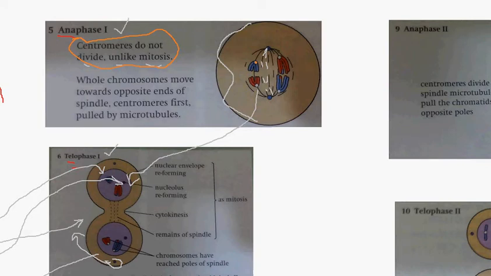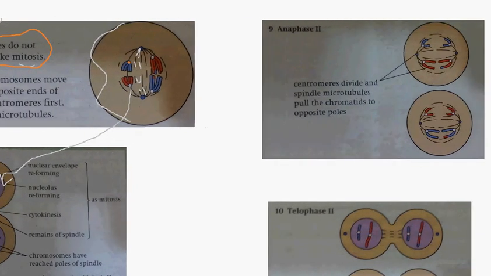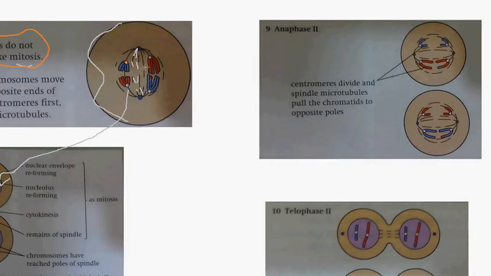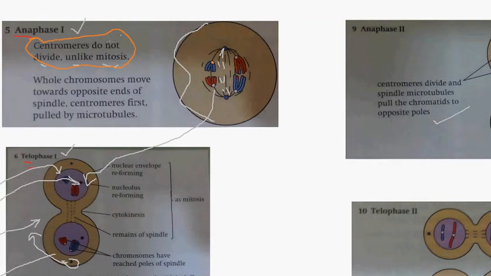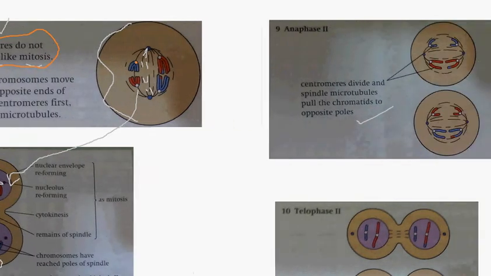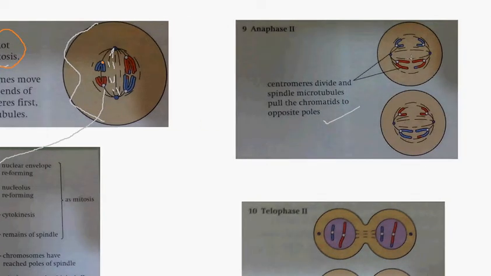Now even in anaphase there is a small difference between these two, as we can see here, right? In mitosis, centromeres divide and spindle microtubules pull the chromatids to the opposite poles. But in anaphase 1, centromeres do not divide, unlike in mitosis. Now you can see the difference, right? Here we have structures like this. In this case we have structures like this. Let me just take a black ink.